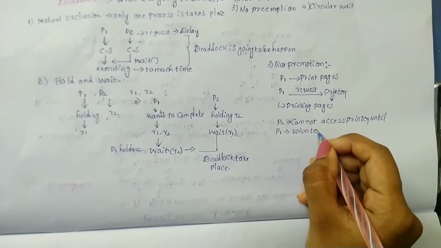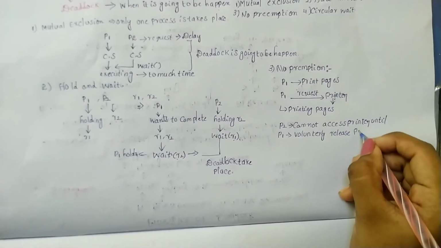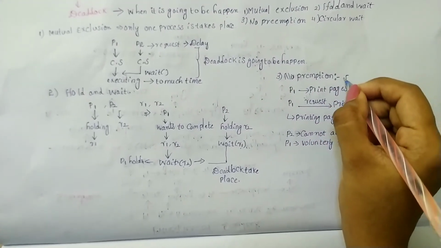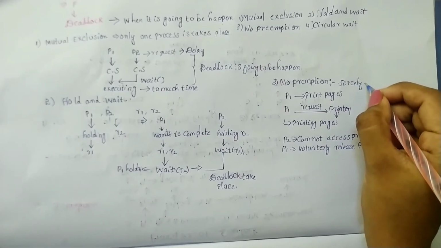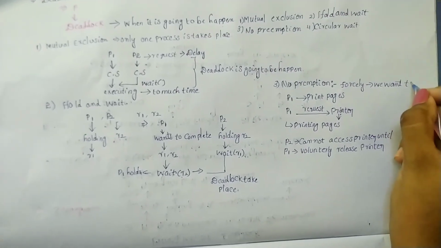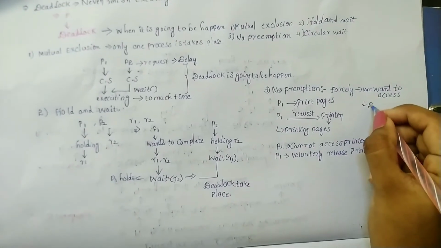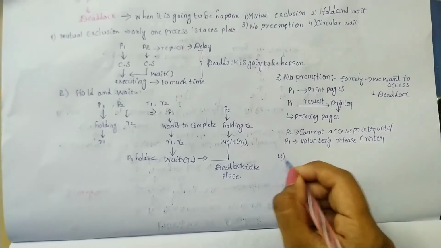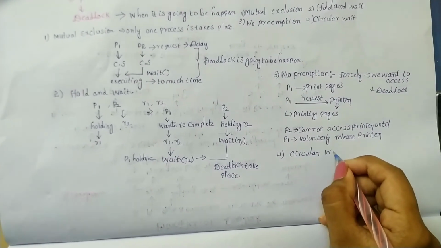It is about no preemption, which means we cannot remove resources forcefully. They are released voluntarily. Here deadlock is going to take place.